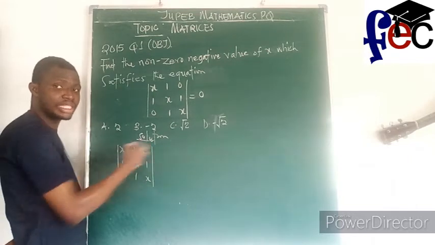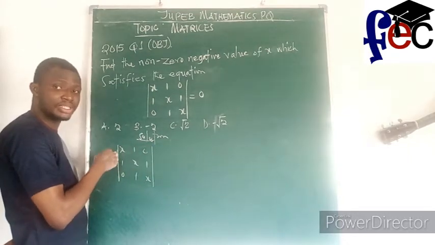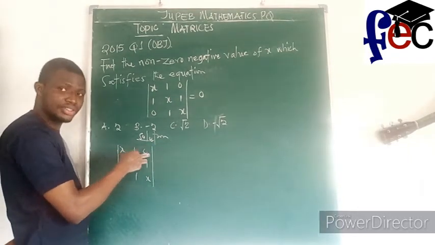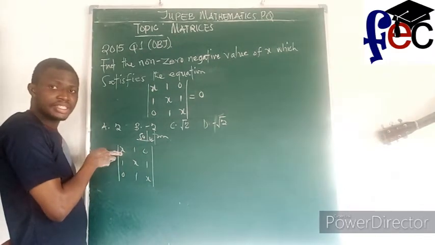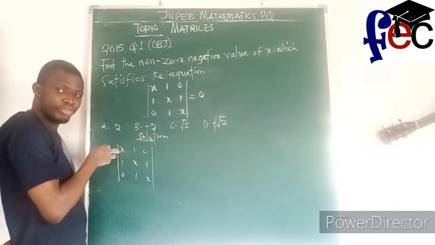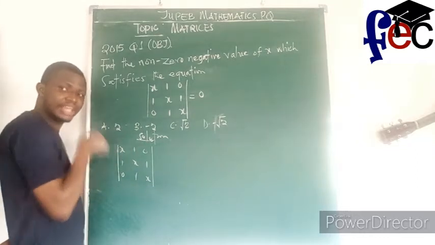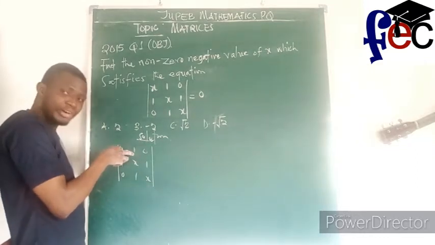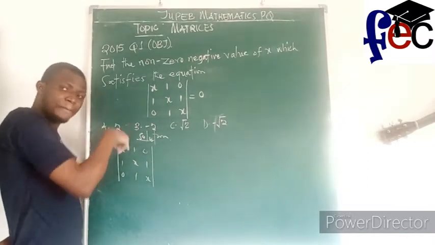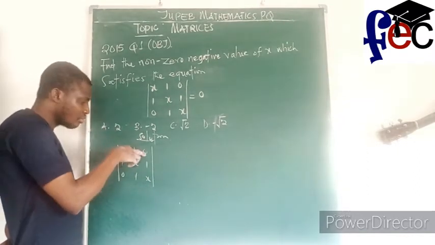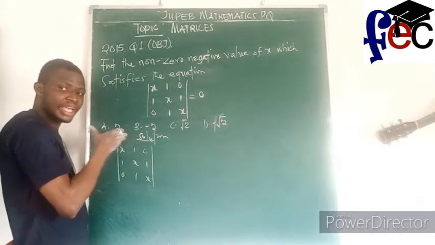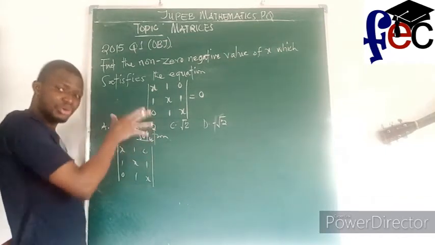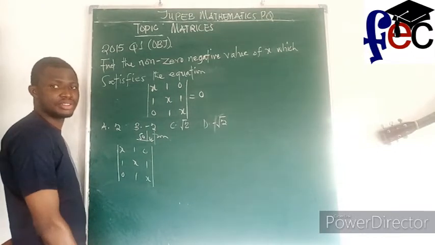For row 1, what are the elements? x, 1, 0. If I can get the cofactor of x, I will multiply it by x, get the cofactor of 1 and multiply 1 by its cofactor, get the cofactor of 0 and multiply it by this 0. Whatever results I get, add them together, and that will give me the determinant of this matrix.